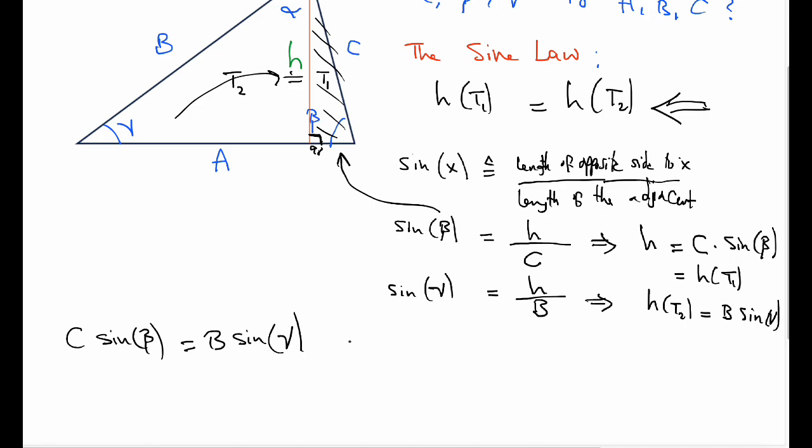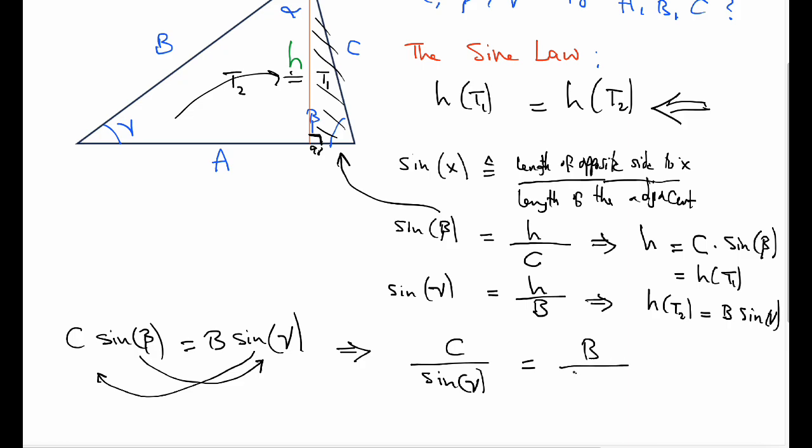Now we can divide the equation by sine gamma, and divide the equation by sine beta. So you can interchange them here, and what you get is C divided by sine gamma equal to B divided by sine beta.